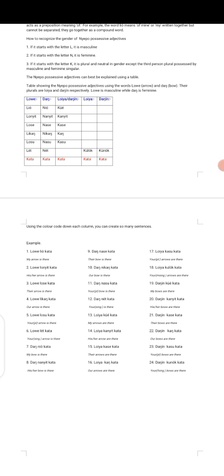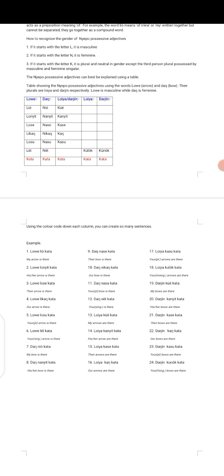The Nyepo possessive adjectives can best be explained using a table. So the table showing the Nyepo possessive adjectives using the word lowe, which means arrow, and dang, which means bow. Their plurals are lawyer and dangin respectively.